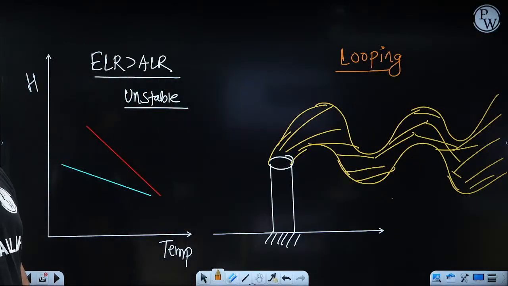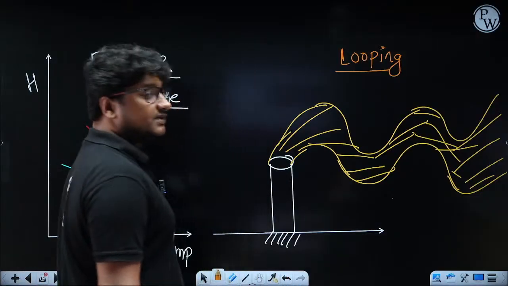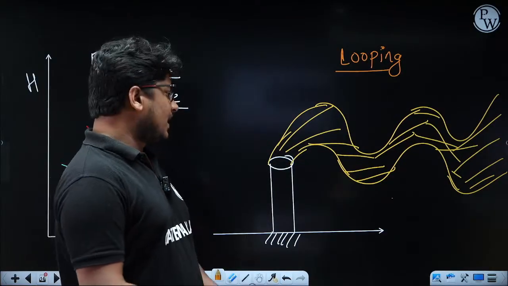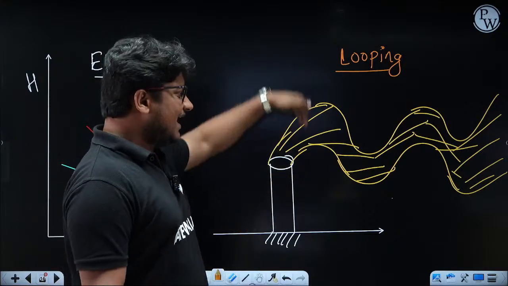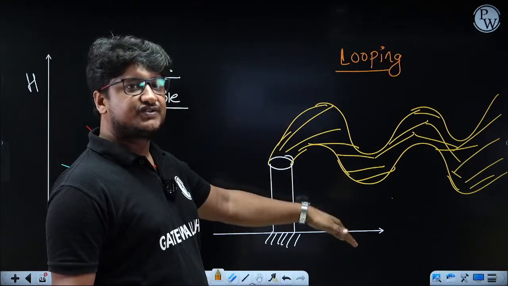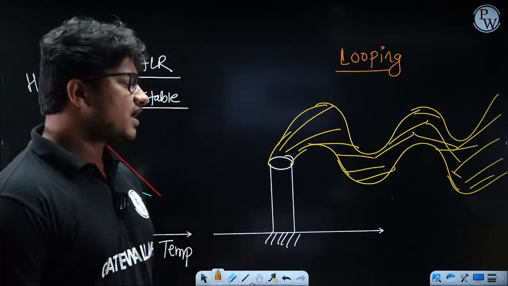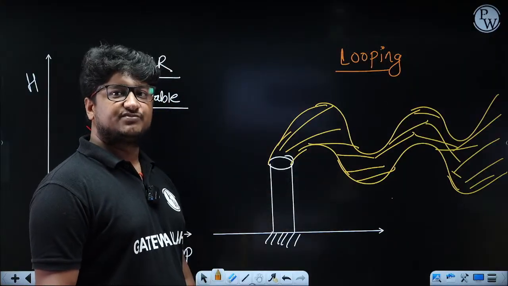Looping. In terms of safety or pollutant exposure, for somebody who is near the ground, there will be a chance, because as the vertical mixing is very high, the plume can go towards the ground also. In that case, the people who are living near this area may get affected by the pollutant exposure.